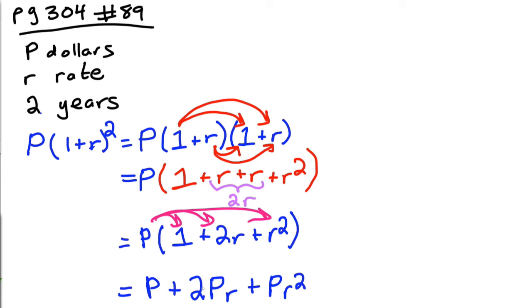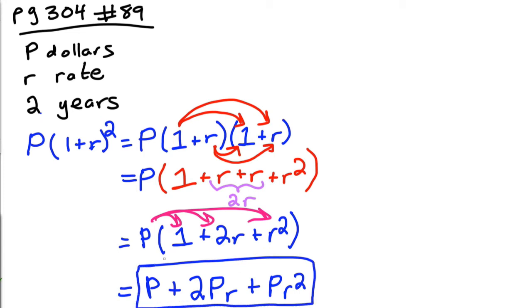And notice I wrote this 2 times P times R because the order that you multiply doesn't matter. So instead of writing P times 2 times R, usually if you put the number first, it looks a little bit nicer. Okay, so that answers the first part of the question.